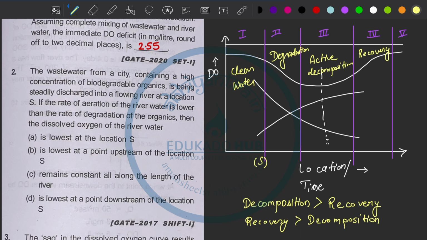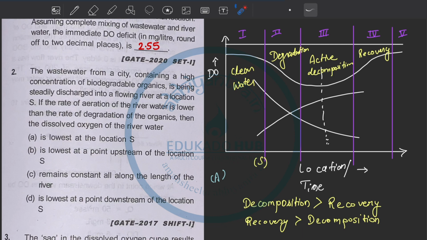If I present the rate of reoxygenation as A, then before this the rate of reoxygenation is less. In these zones the rate of reoxygenation is less and the rate of deoxygenation is more, so DO continuously decreases. When the rate of deoxygenation, that means decomposition, is greater than the rate of reoxygenation, that means recovery, DO keeps falling.